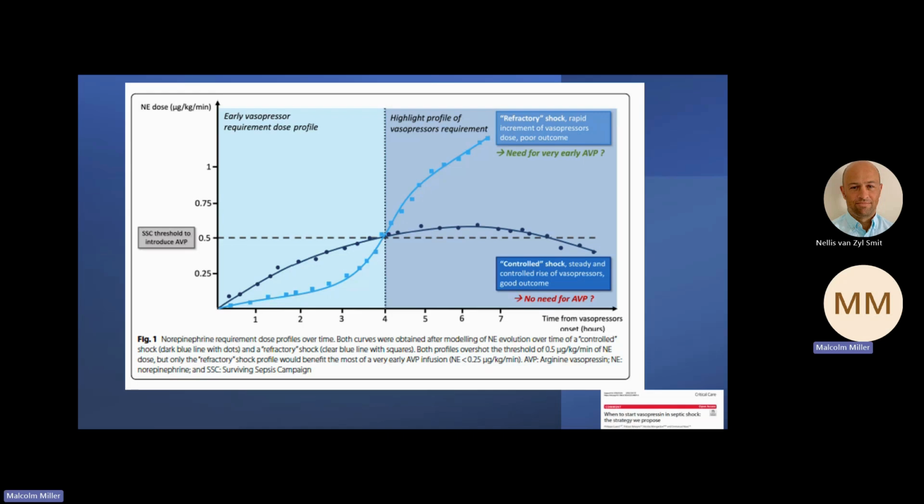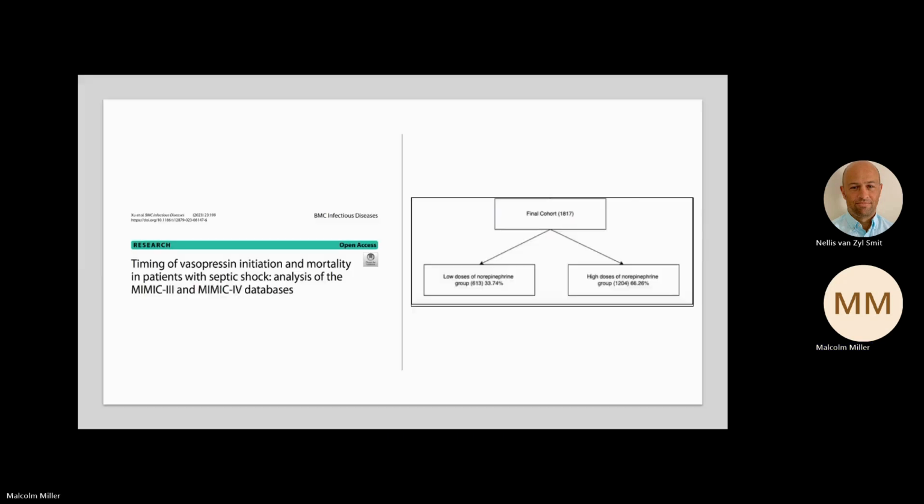But this was really just to illustrate when to think about using vasopressin, but also when we don't need to escalate to a second-line vasopressor, particularly when you've got control of shock, patients are fluid resuscitated, and their noradrenaline dose is remaining static or even coming down.